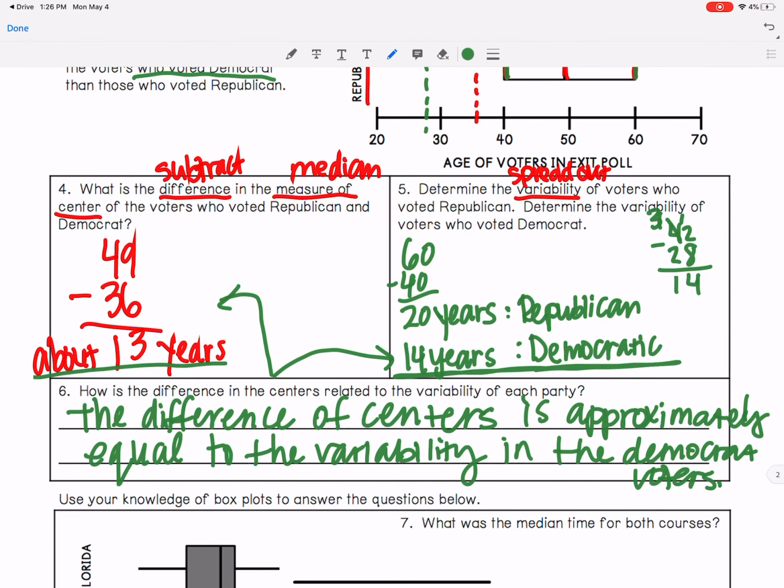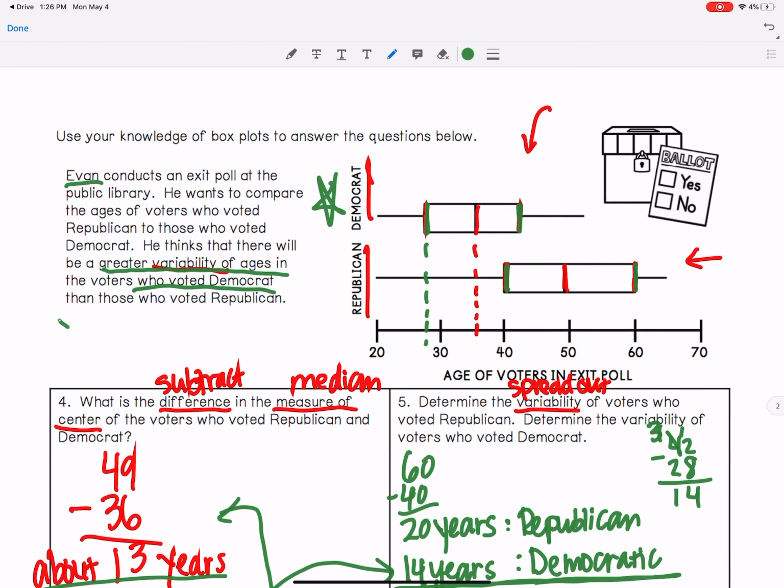Also, it looks like up here, Evan was wrong because the variability in Republicans was a lot higher than that in the Democrat Party.